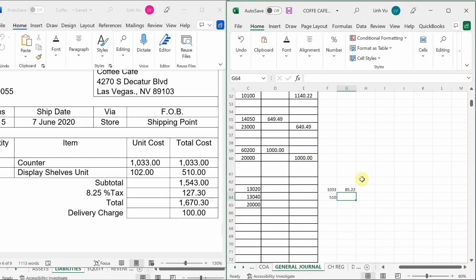And I'm going to do the same thing for this one. So here, this is my total items, and this is my total tax.